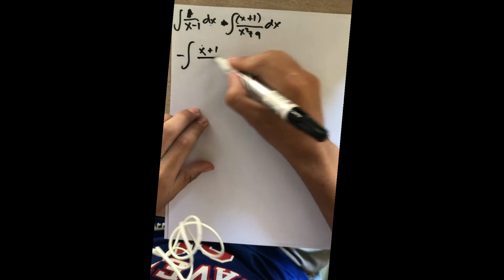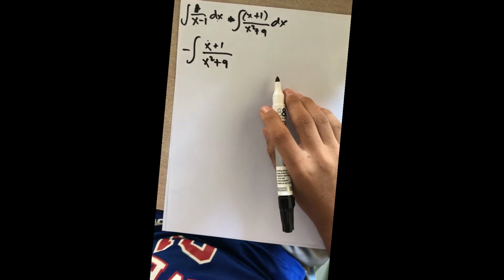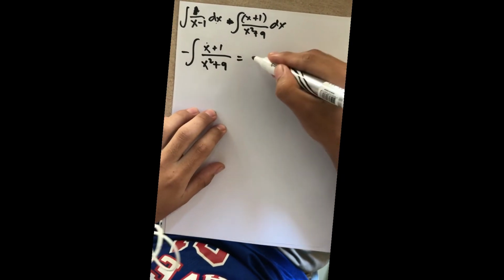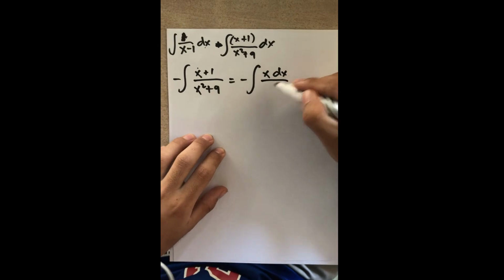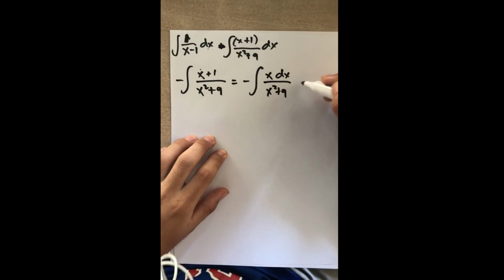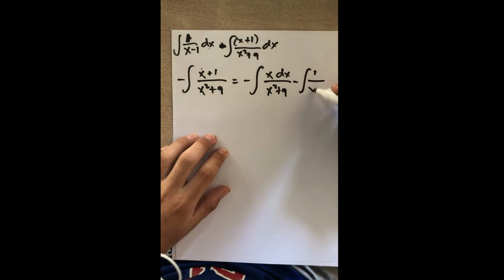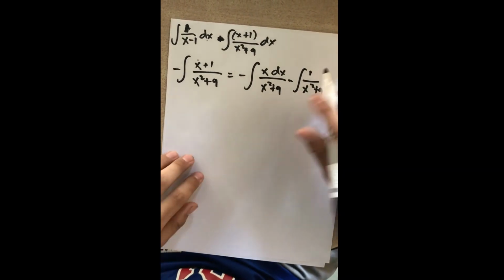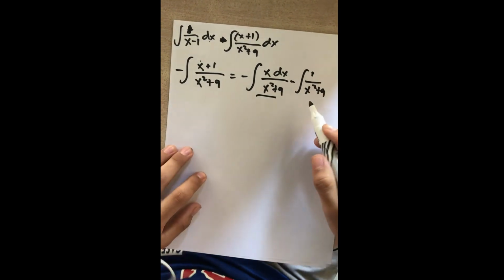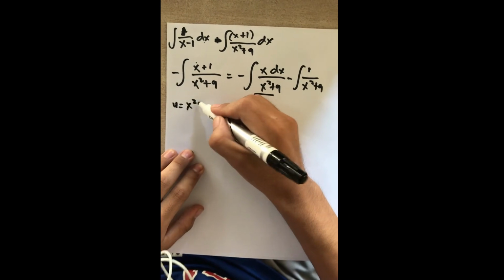To integrate this, we're going to separate this into two equations. So negative integration of x dx over x squared plus 9 minus the integration of 1 over x squared plus 9 dx.